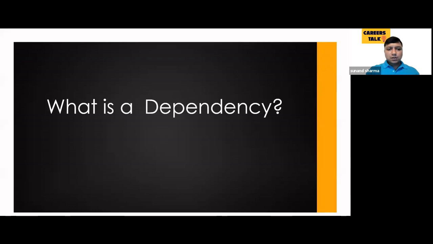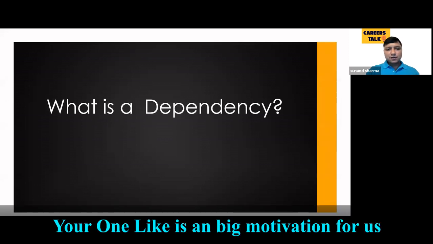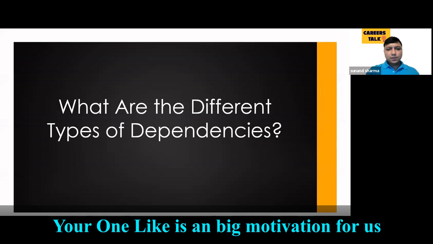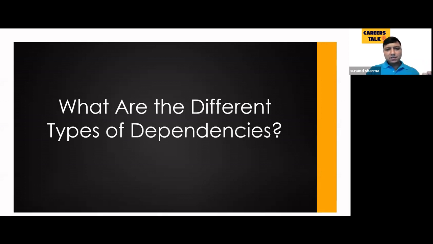So let's talk about what the different types of dependencies are. Dependencies are of many kinds. For example, requirement dependencies. Requirement dependencies happen when the team is unclear on a requirement, and let's say the PO with the domain knowledge is not available to provide that info. It can be the PO, it can be a BA, or any other architect. It can be anyone.